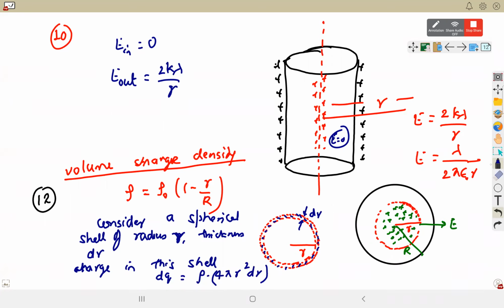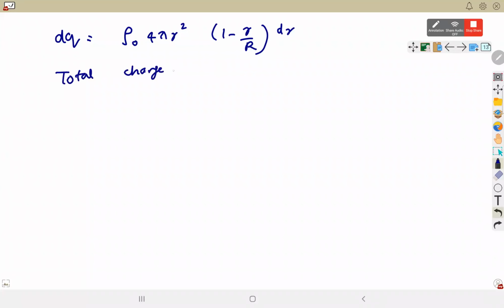Substitute rho as rho naught times 1 minus small r by capital R, and then we have to apply this integration: rho naught 4 pi r square times 1 minus r by R times dr. Integrate this to find the total charge enclosed in the sphere of radius r.